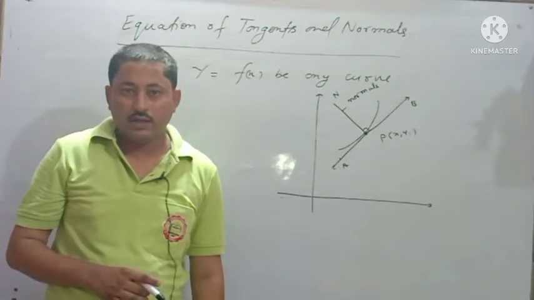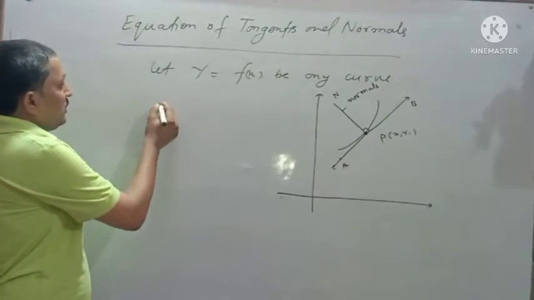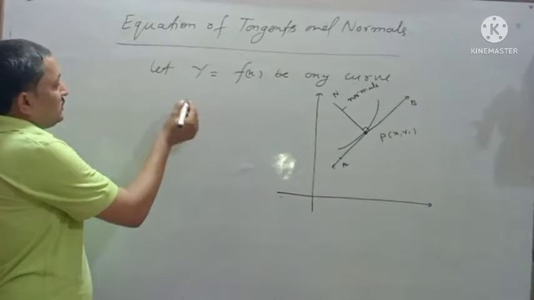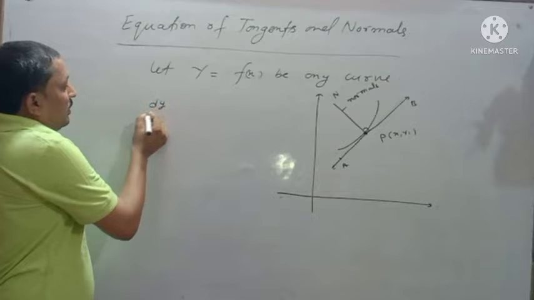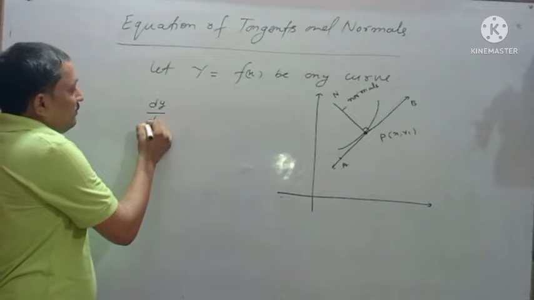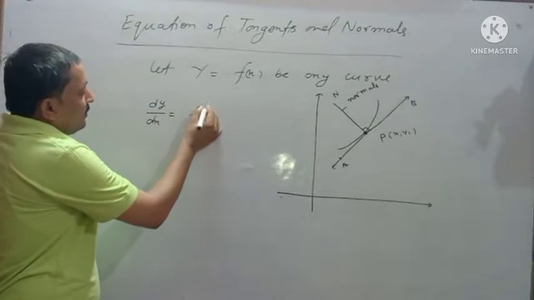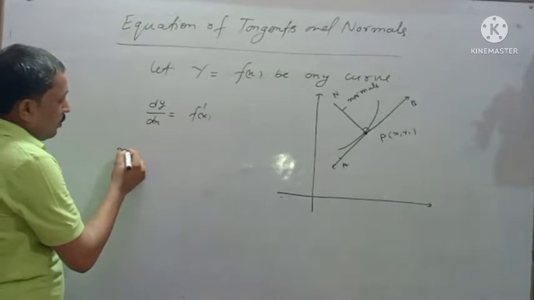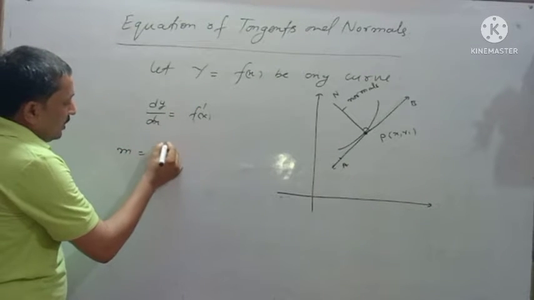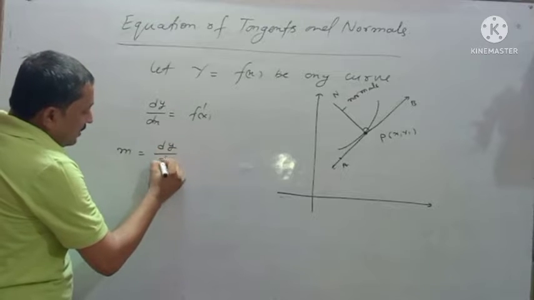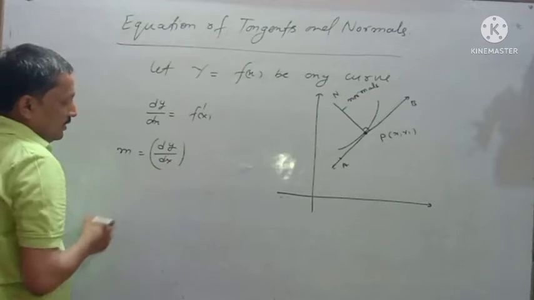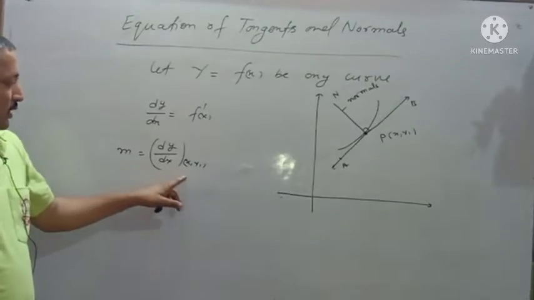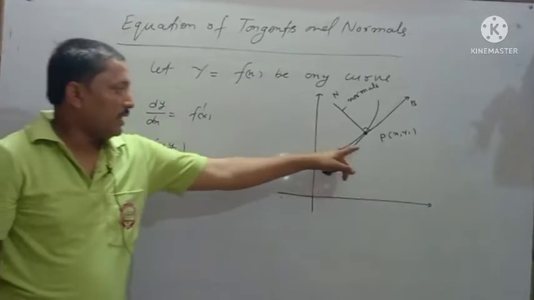For the slope of the tangent, we take the derivative of the curve with respect to x. After differentiating, dy by dx, we get f dash x. At the point P, dy by dx at (x1, y1) is known as the slope of the tangent.